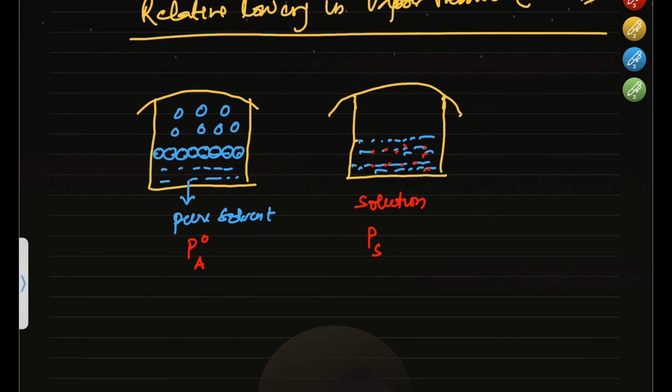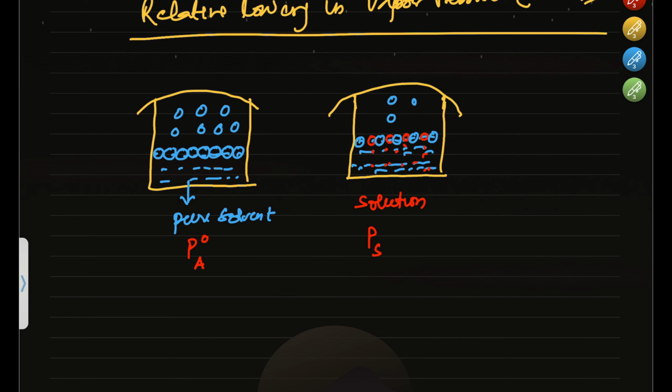But in the case of a solution containing a non-volatile solute, some non-volatile solute also occupies the surface, which contributes no vapor pressure. Therefore, the vapor pressure of the solution decreases. Here only a few vapors form.